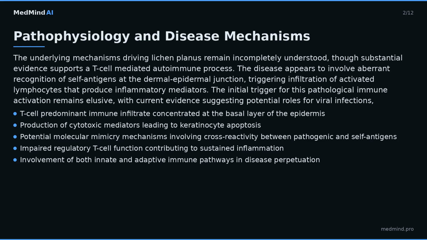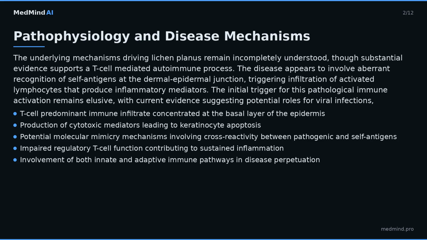The initial trigger for this pathological immune activation remains elusive, with current evidence suggesting potential roles for viral infections, medications, contact allergens, and genetic predisposition. This heterogeneous triggering mechanism likely explains the variable presentation and course observed among different patient populations and may account for the difficulty in identifying a singular preventive strategy.